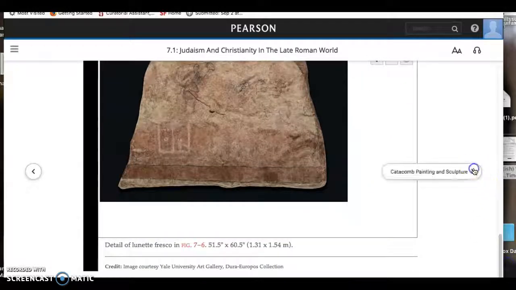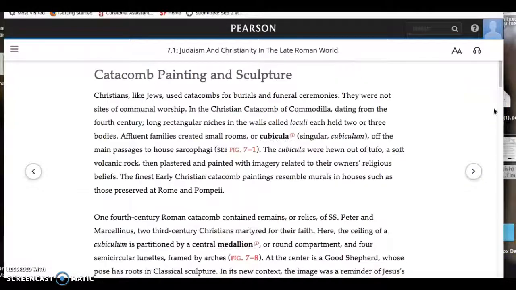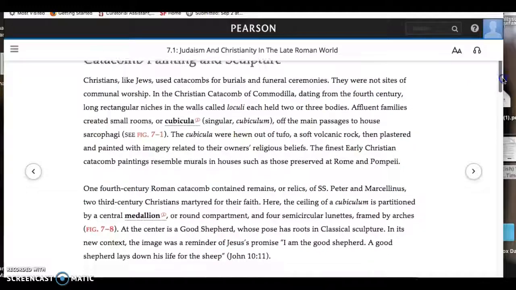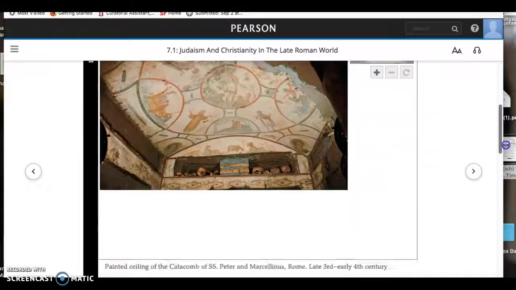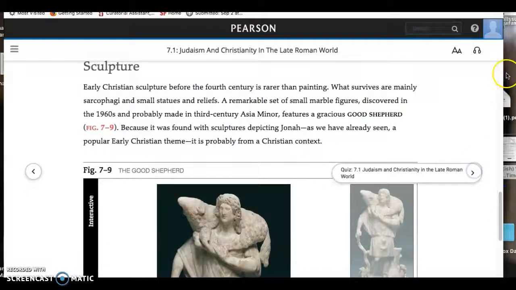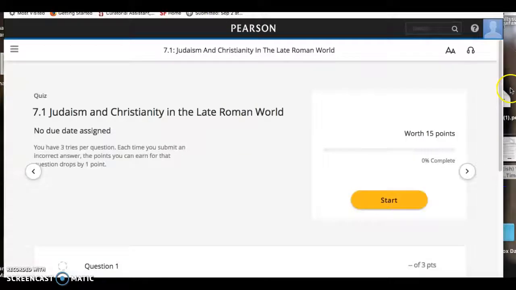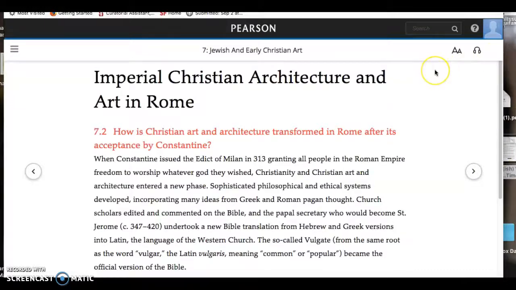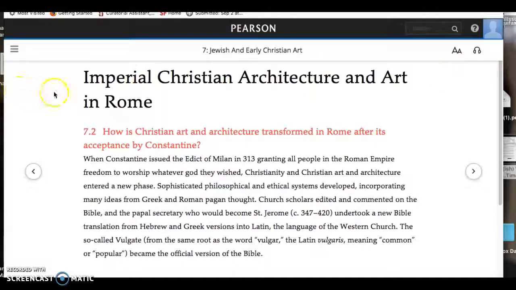You'll continue with this chapter, which goes on to catacomb painting and sculpture as a focal point. You'll continue with it until you come to, you won't see this in your book, this point, and you'll stop here, because we are thinking of this chapter as having two halves.